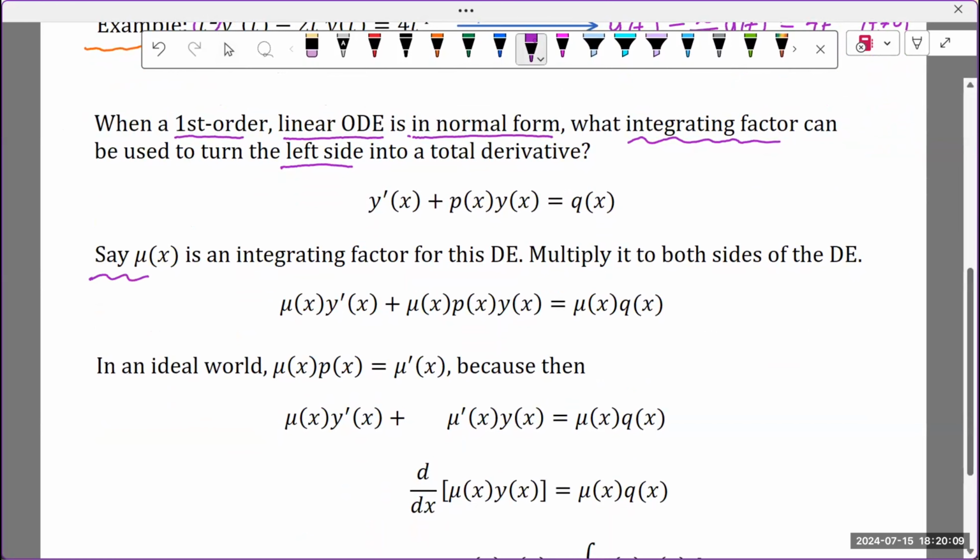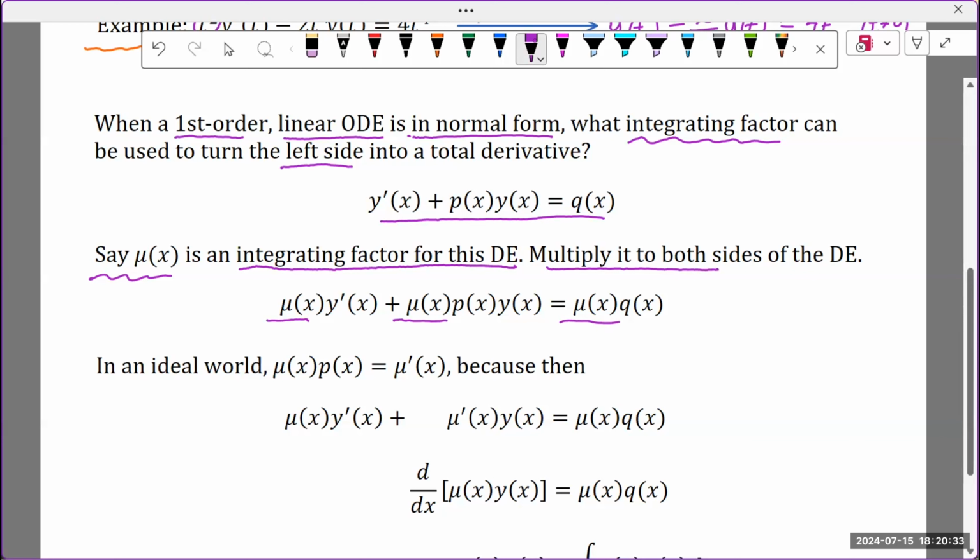Okay, so let's suppose I have this function that I'm going to call mu of x, and I'm going to call that the integrating factor for this differential equation. I haven't yet told you exactly what that is. We're going to see what that is as we work through this. We want to multiply both sides of the differential equation by this function mu of x, which we have not yet determined.